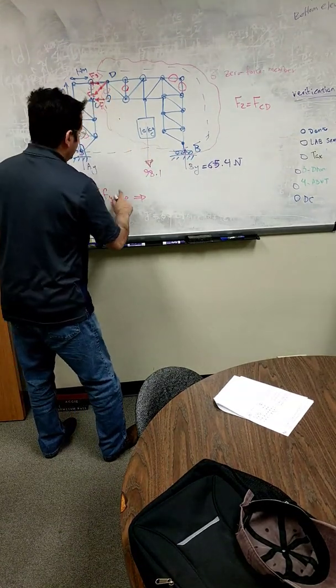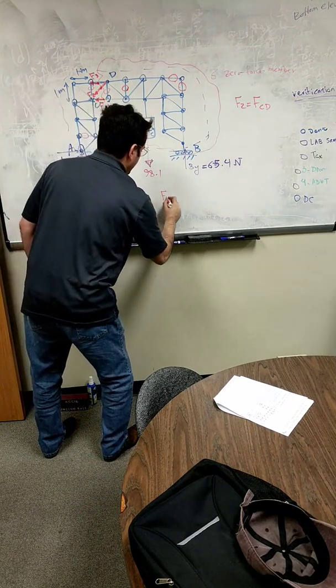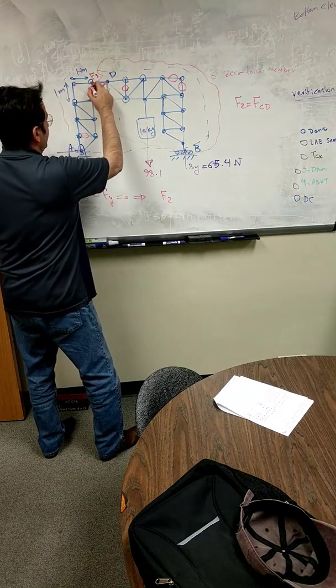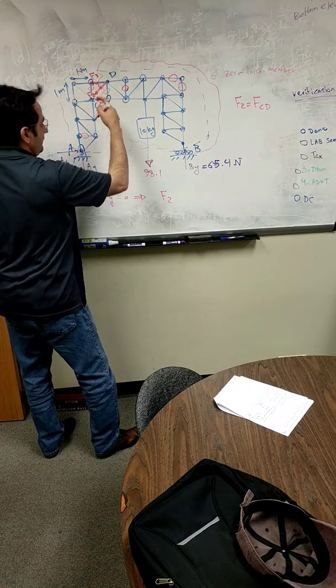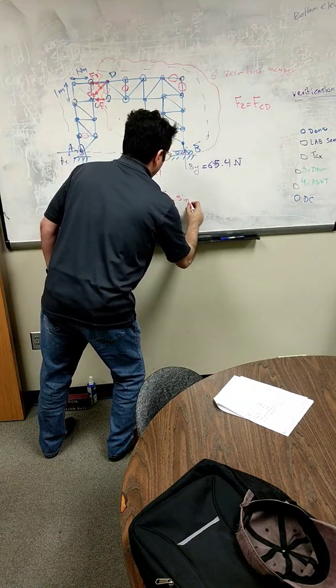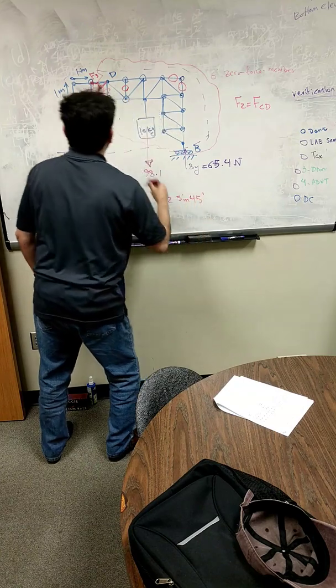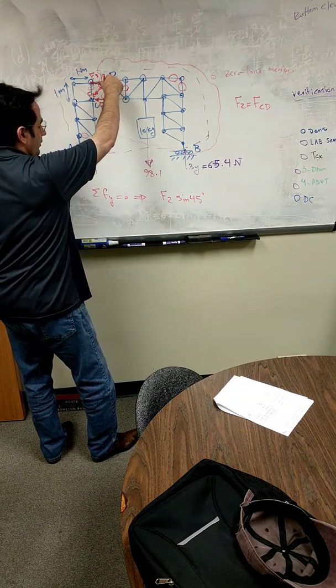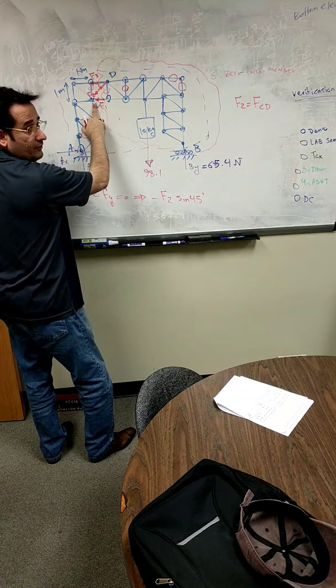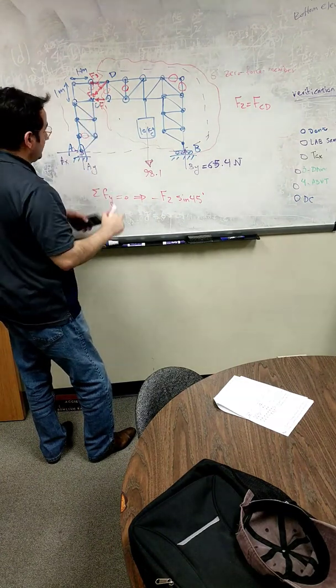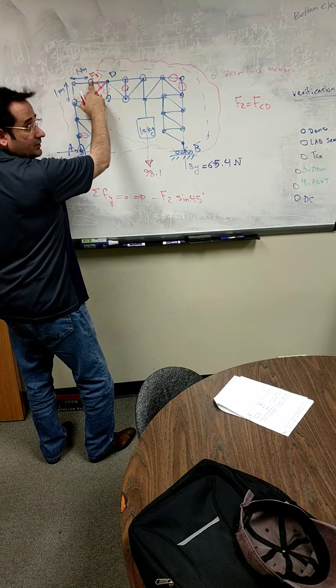So if you do that, you get F2 times sine, this angle is 45, right? Because these are the same. So this angle is 45. F2 sine 45, positive or negative? Negative, down. Nothing from F1, nothing in the Y. This is in X, nothing from F3.